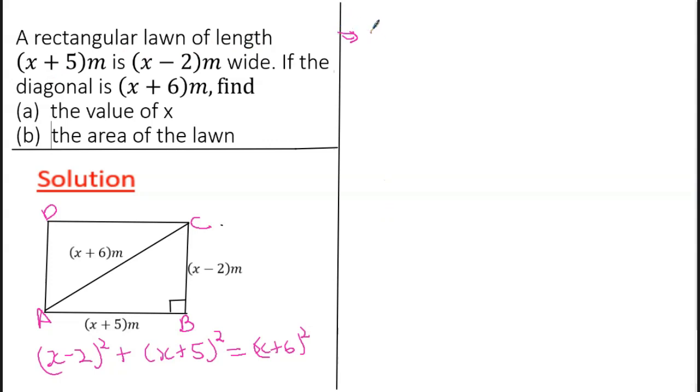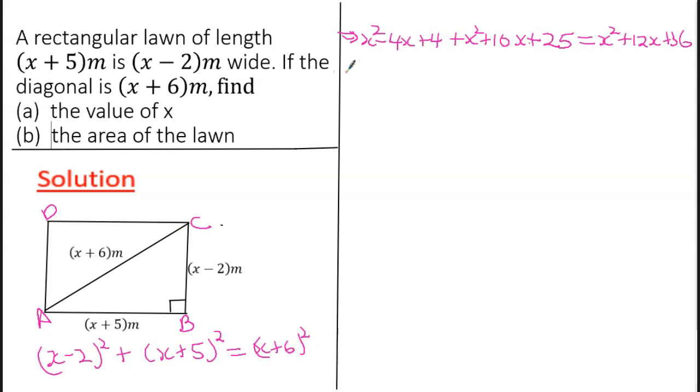So we have x squared minus 4x plus 4 plus x squared plus 10x plus 25 will be equal to, then we expand the right hand side, x squared plus 12x plus 36. This is the short way of expanding the binomial, which of course I've talked about in my video.